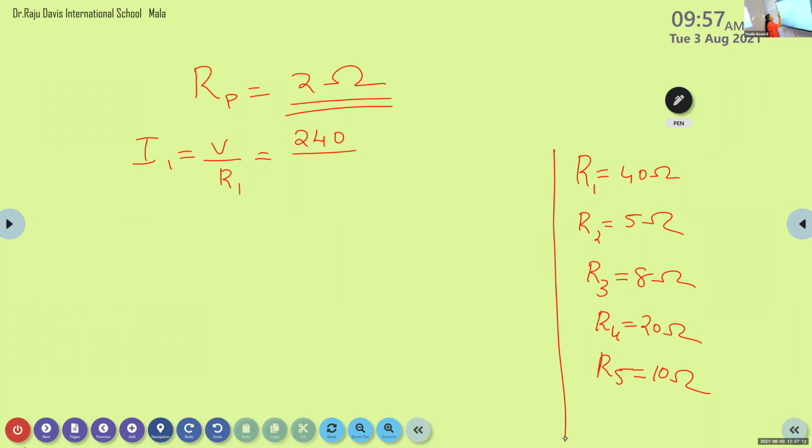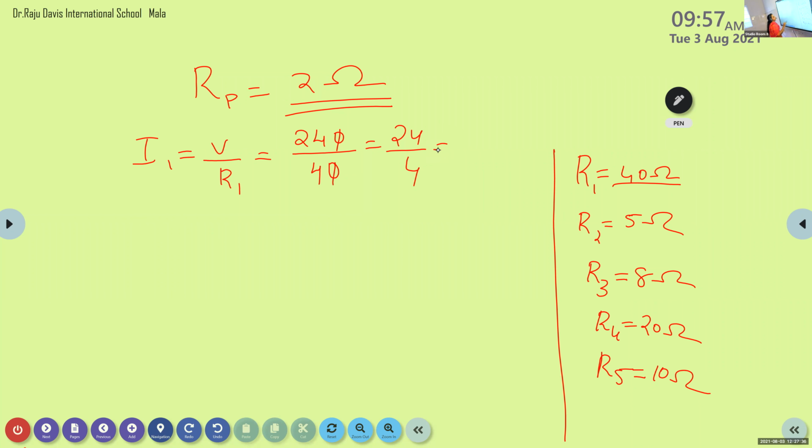So here we are calculating the current through the first resistor, that is I1 is equal to V by R1. You always have a tendency to write it as V by R1, but it is wrong because in a parallel combination the potential difference is the same. So I1 is equal to V by R1, that is equal to 240 divided by 40. That is 24 by 4.